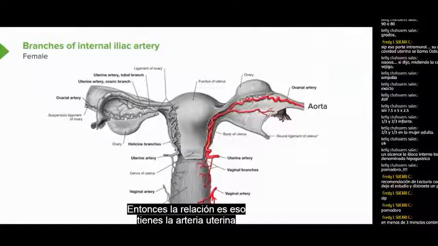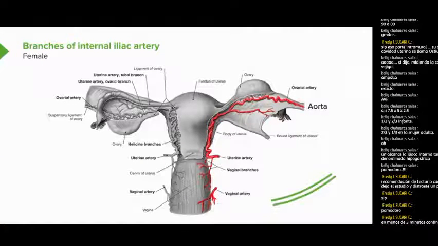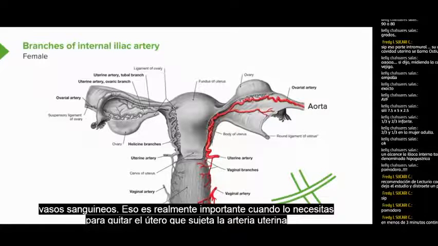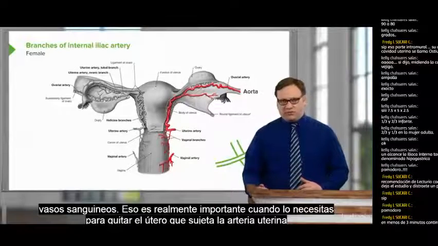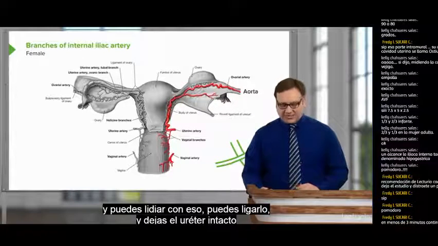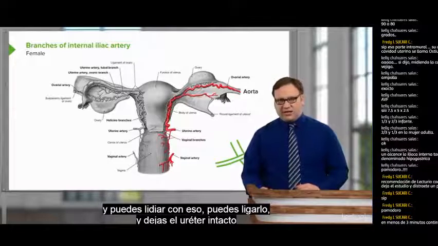So the relationship is that you've got the uterine artery, and coming down, you have the ureter that flows underneath this blood vessel. That's really important when you need to remove the uterus, that you clamp the uterine artery, and you can deal with it, you can ligate it, and you leave the ureter intact.